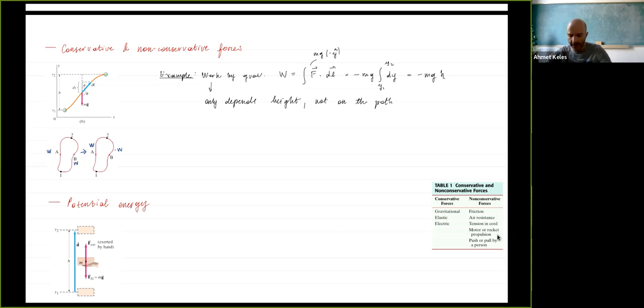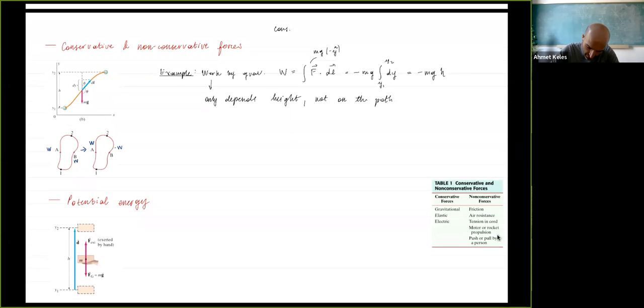Okay, that's the key. And we say that, here's the definition: when the work done by a force does not depend on the details of the path, we call that force conservative. So that is now a conservative force.